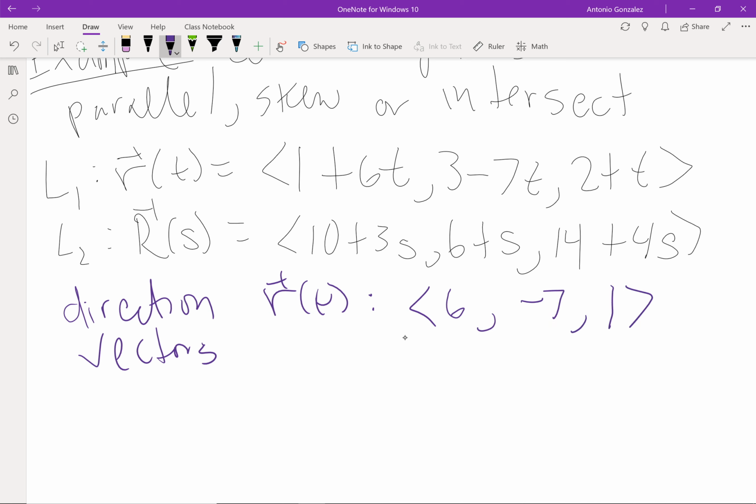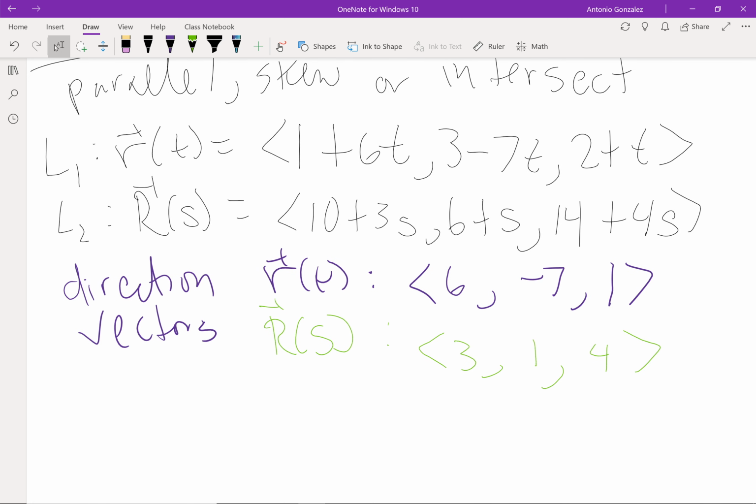And then for R of s, we get 3, 1, and 4. We can see right away that if I multiply the second one by 2 to match up the 6, I don't get -7 and 4 in the other components. So right away we can conclude that they are not parallel.